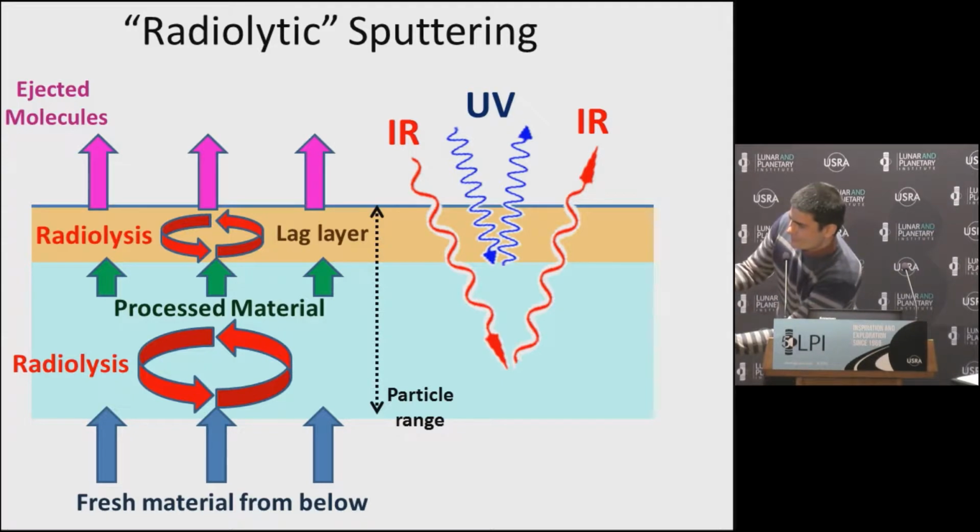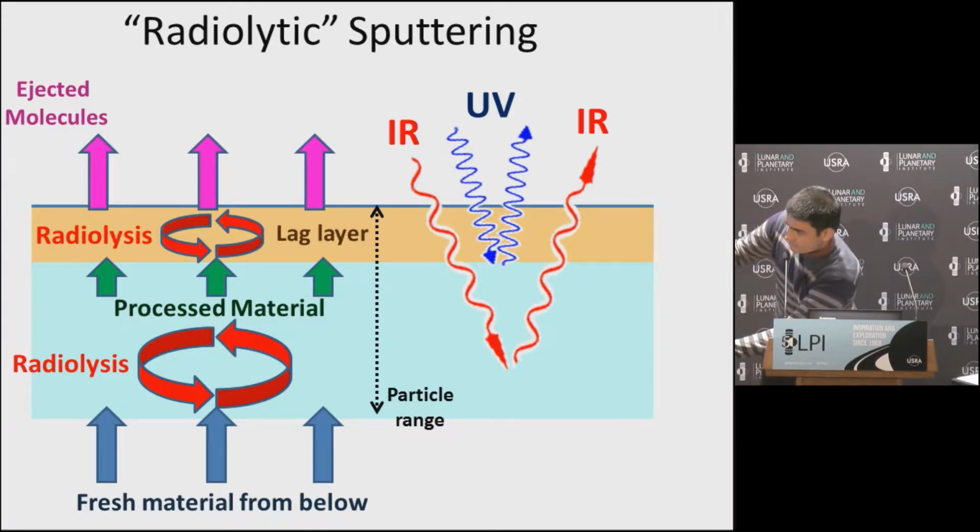So you have fresh material from below. There's this thick region. The energetic electrons can go centimeters into the ice, and so the material is being radiolytically processed all throughout this thickness. But then there's a very thin layer at the surface, presumably could be angstroms thick, or the region near the surface of the ice, or rather the surface of the regolith grains, where molecules can be sputtered or volatile radiolysis products can desorb.